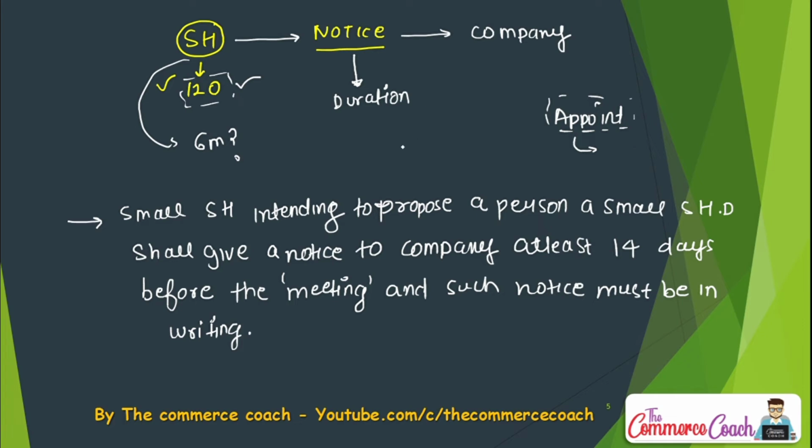So before the meeting, if the small shareholders have decided by majority, meaning they are compliant with the provisions, whether by the company's provision, or by the law provision, that means 1/10 or 1000, whichever is lower, then they shall give the notice to the company at least 14 days before the meeting, not within, but before.